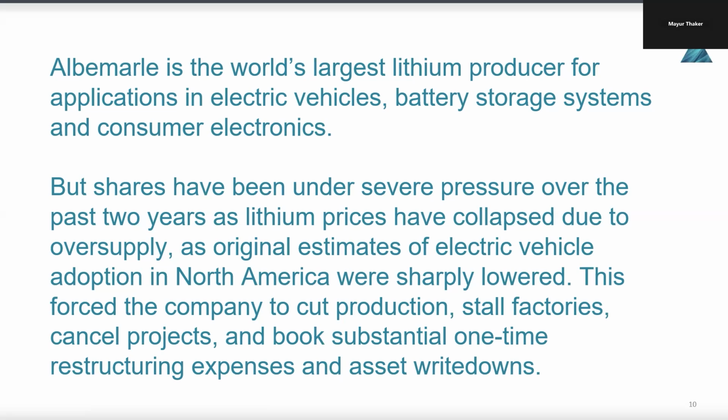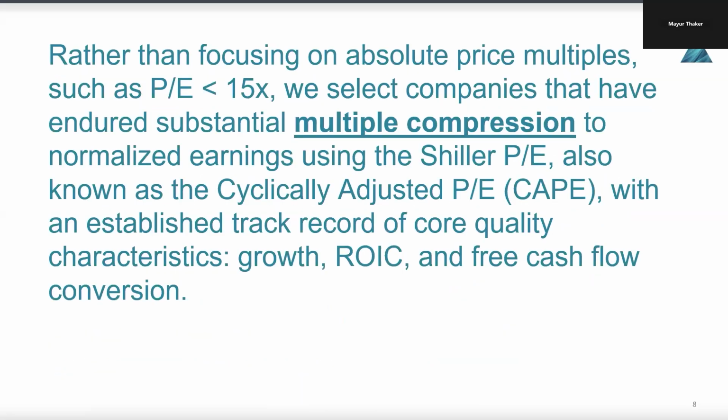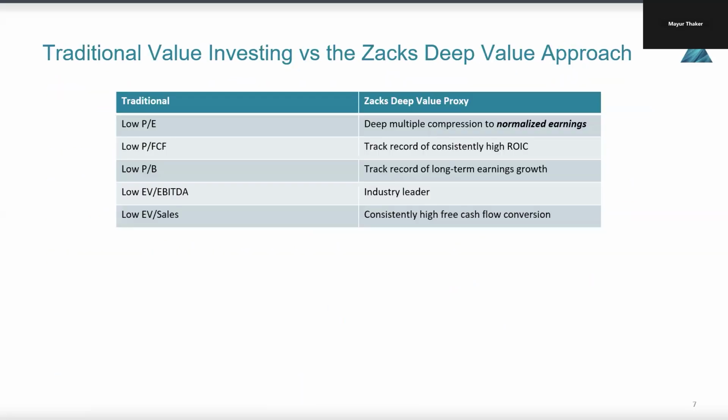And Albemarle is a high-quality business because if we look at the evidence, they have a track record of consistently high ROIC. They have a long-term track record of earnings growth, even if current earnings are negative on a year-over-year basis. Not negative in the absolute sense, but negative in terms of growth. They do have consistently high free cash flow conversion. They are an industry leader. They are the number one producer of lithium.